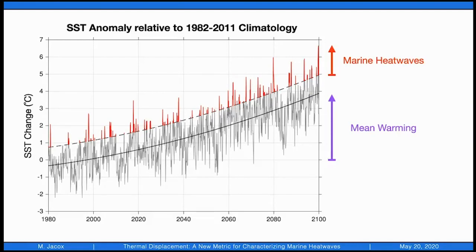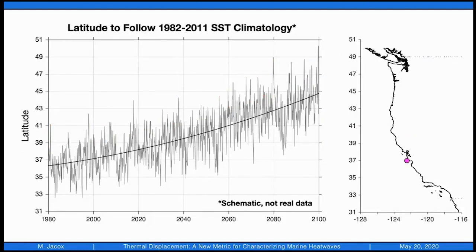So now to shift from just looking at anomalies to looking at thermal displacement, I'm going to do this in a schematic way where I just change the labels and the title on the same time series, where now instead of thinking of this as a temperature at a location, this is now the latitude that you would go to in order to follow that historical climatological temperature.